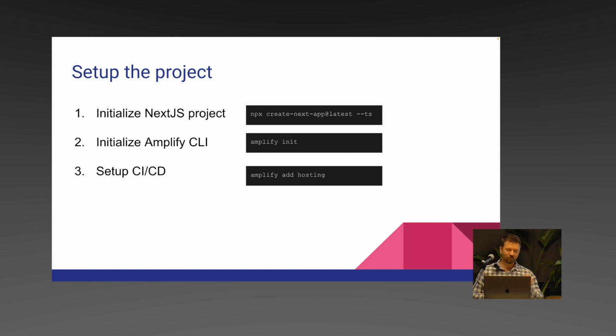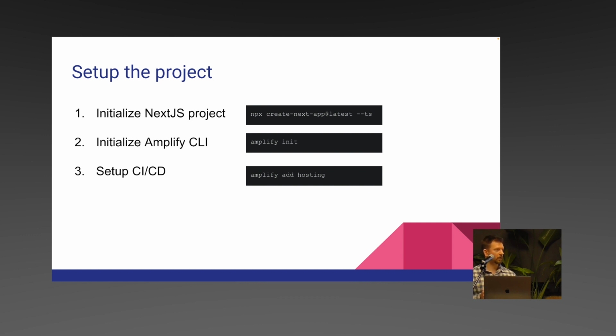So anyways, first we install the Next.js TypeScript project. Next, we will add Amplify by running the amplify init command. Here, I already have Amplify configured because you have to link it prior to your AWS account keys. But to add it to a project, you just run amplify init.